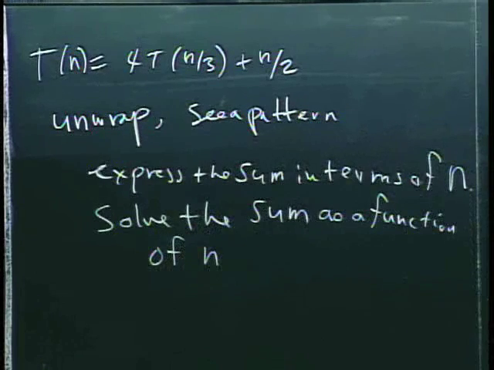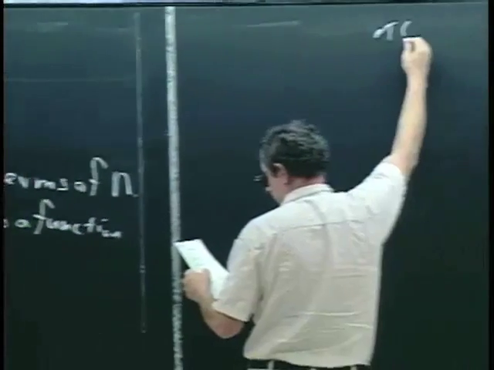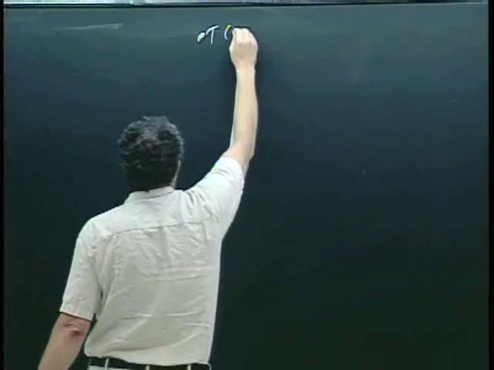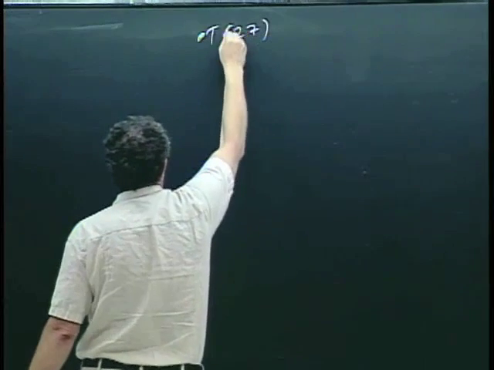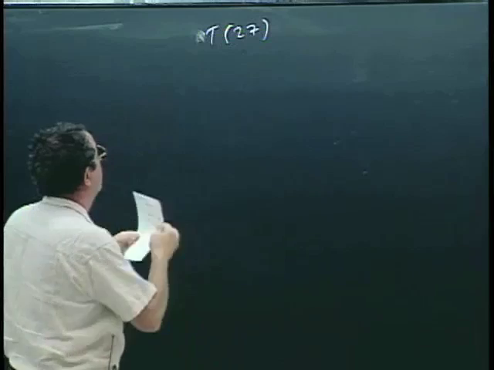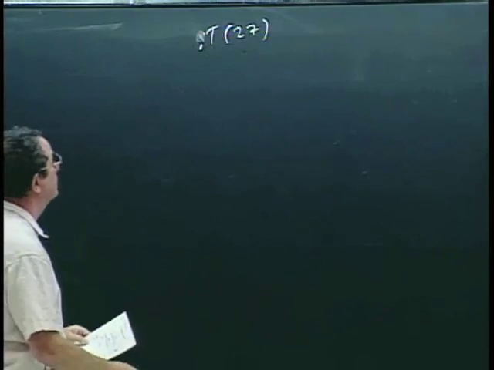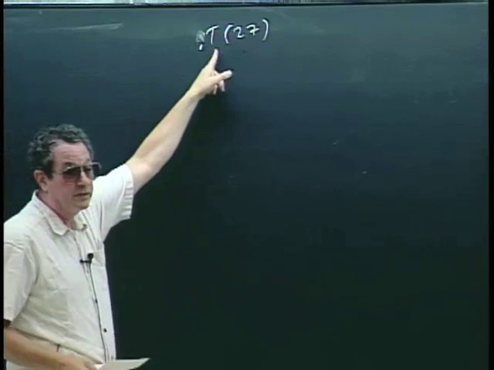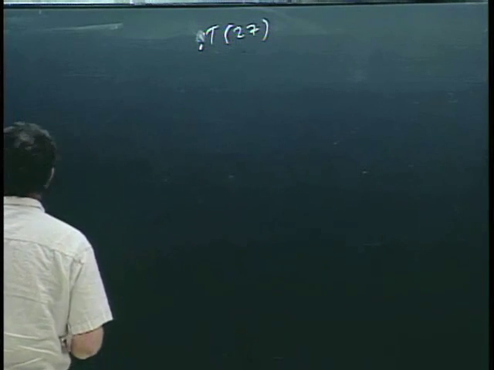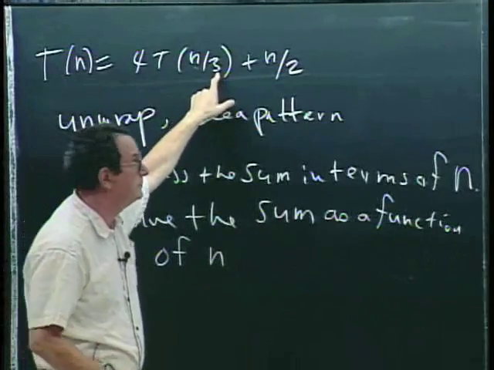We want to know what T of, well, okay, I said 27. My little picture, I already had T of n. Let's see if I can be flexible enough, usually not, to work on a specific example that I hadn't worked out ahead of time. So T of 27 is, according to this recurrence, 4T of 27 divided by 3, right, which is 9.